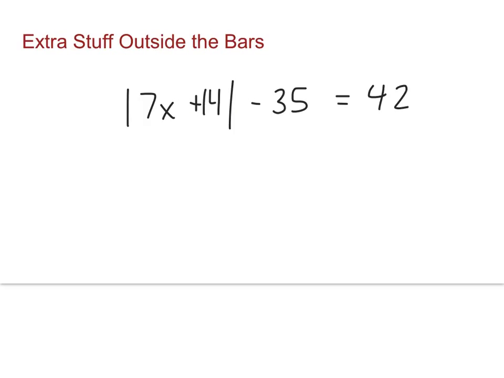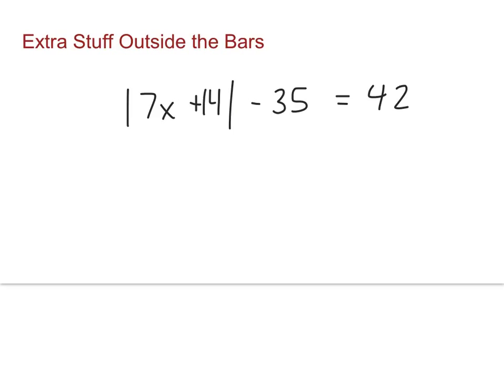Okay, so here's the deal. We do have absolute value bars in this equation, but that's not the most pressing issue. Right now, the most pressing issue is that we have this minus 35 outside. So we're not going to break it into two cases yet. We don't break into two cases until we have an absolute value equation.